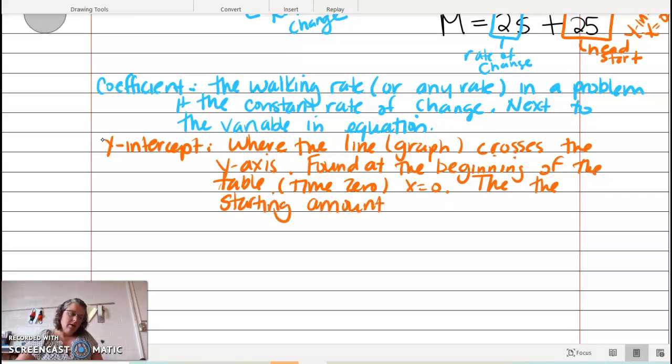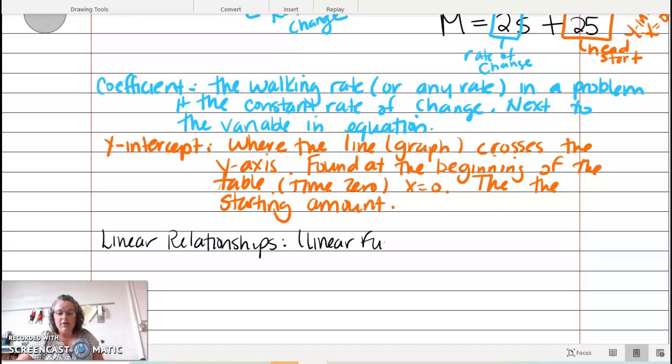All right, I'm going to pick my black color back, and I'm going to look at linear relationships. Okay, a linear function, as we move on into higher mathematics here, is the same thing, but it's a straight line graph.